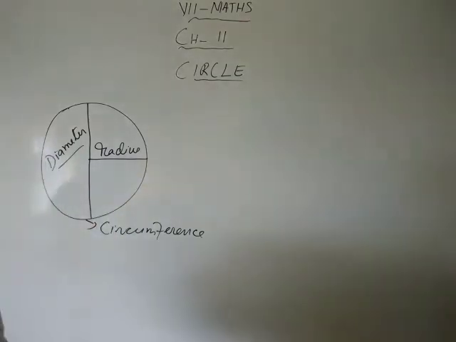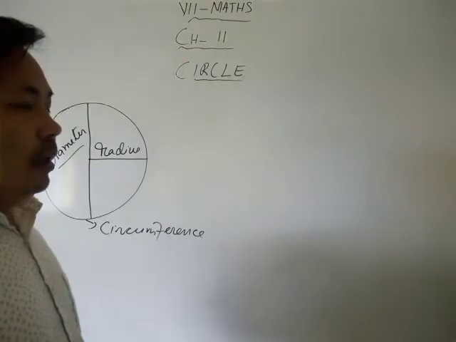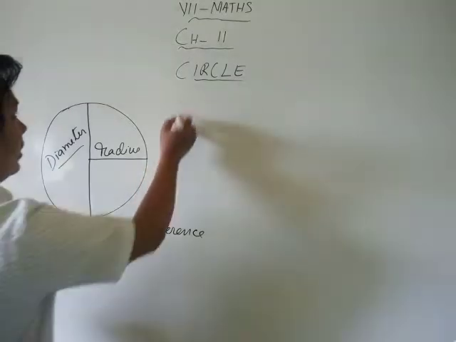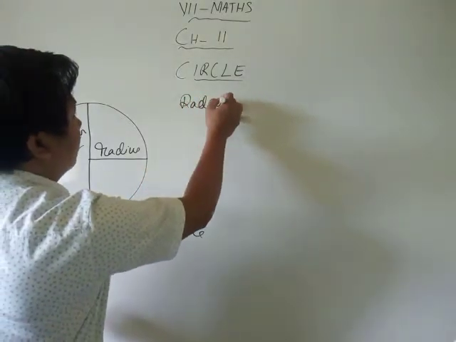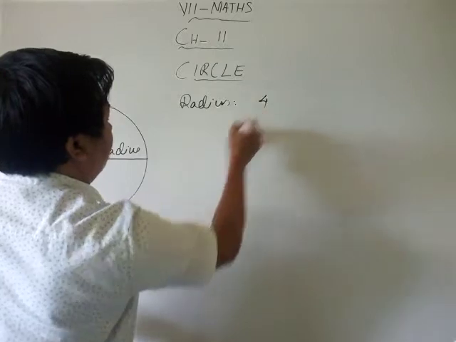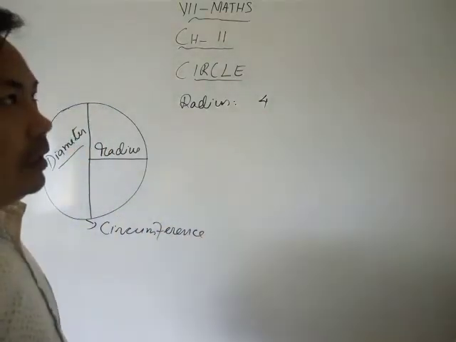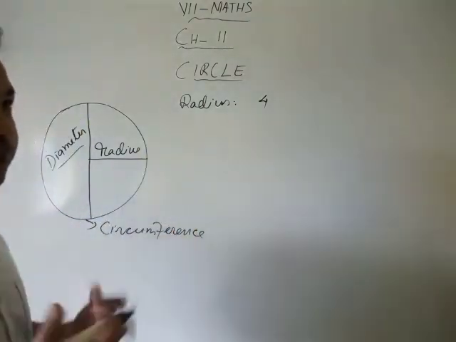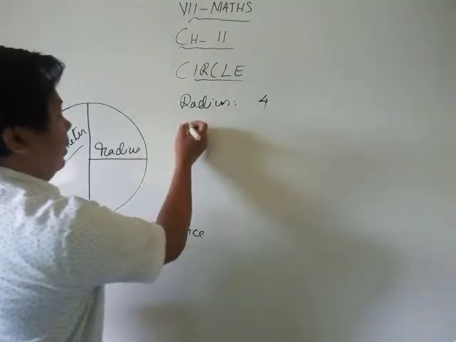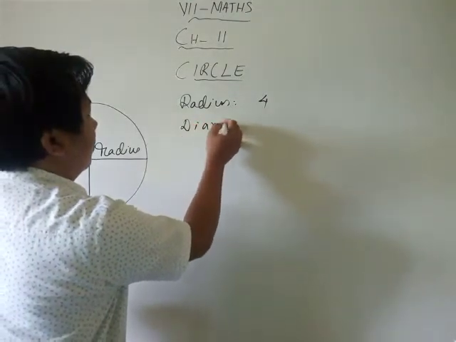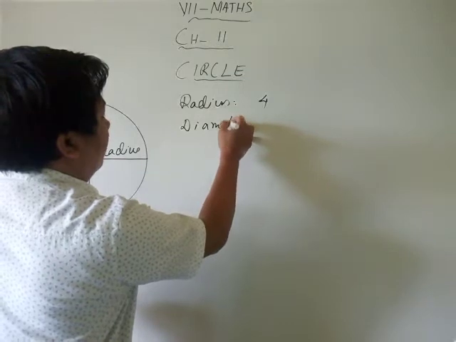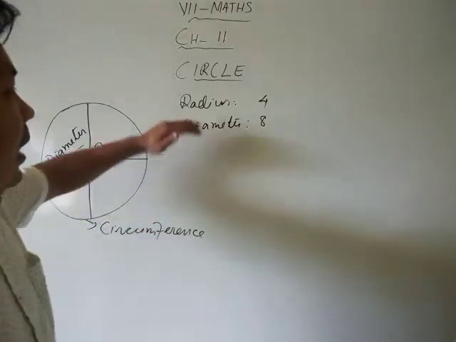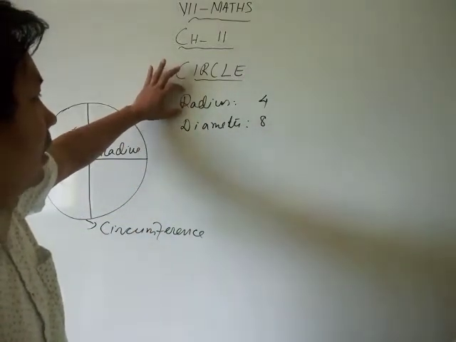So here, my dear student, let us take an example of one circle whose radius is 4 centimeter. Now let us say the diameter will be 8 centimeter, because you know that diameter is 2 times the radius.